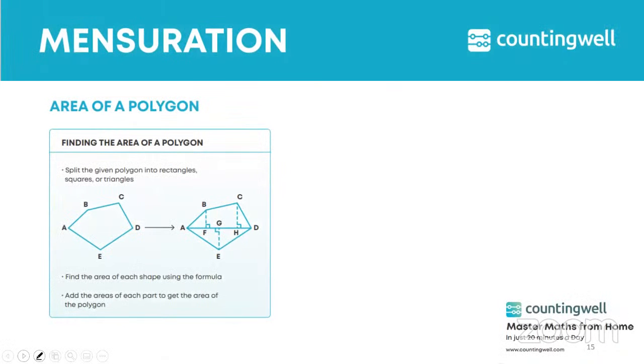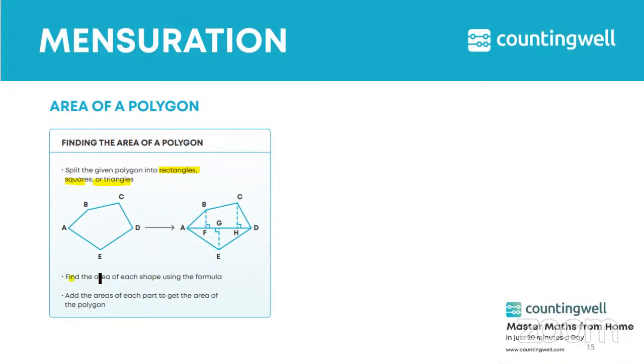Let us see what is the area of a polygon. To find the area of any polygon, we have to split the given polygon into shapes whose areas can be found out. For example, we can split it into rectangle, square, or triangles.